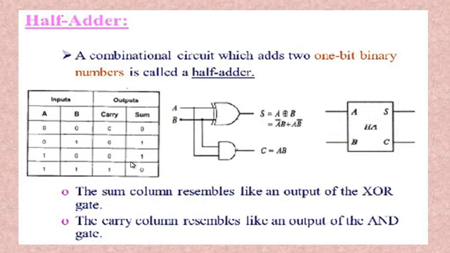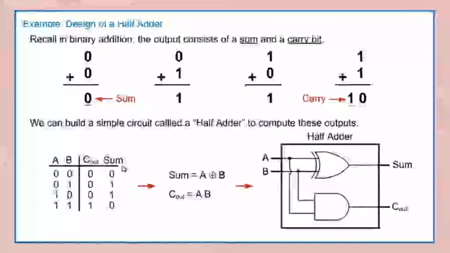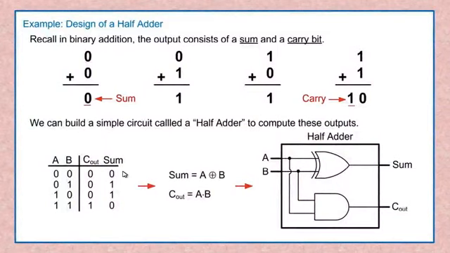Now let us see how to prove this truth table one by one by using the laws of Boolean algebra, that is, addition rules. Now we have to check all the four possible combinations for their respective outputs.